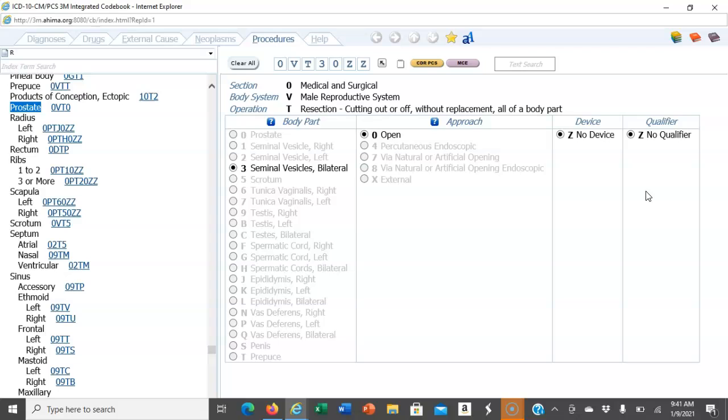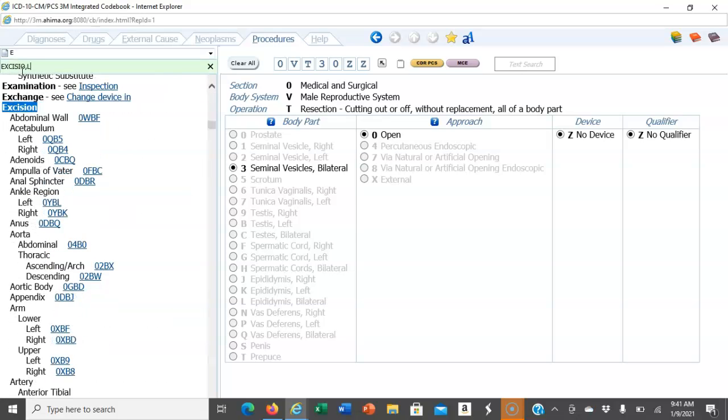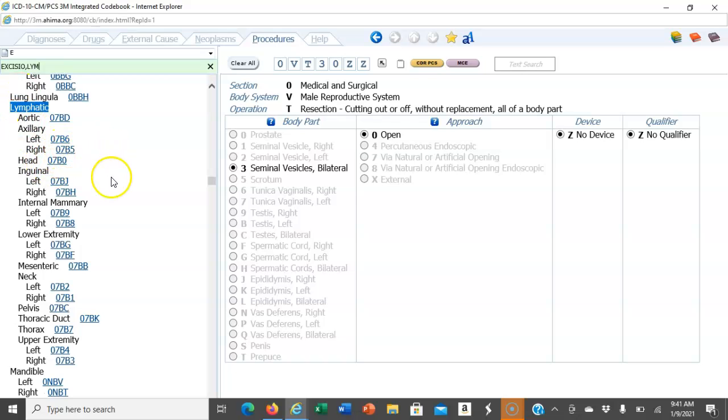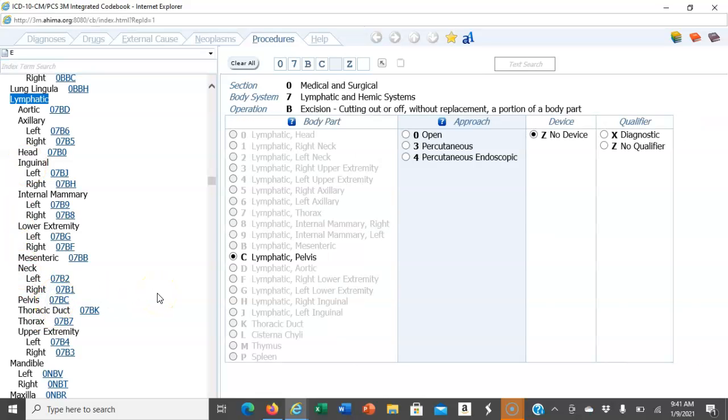But then for the lymph nodes, this is not a resection. It is an excision of lymphatic, and it's in the pelvis. So we're at table 07BC. This also was open and there's no device, and this is diagnostic. They're taking out those lymph nodes because they want to see if the cancer is in those lymph nodes. So that is how we would code this particular example.